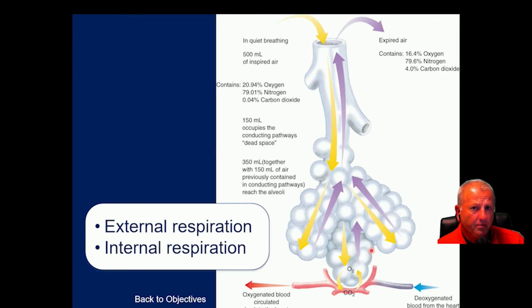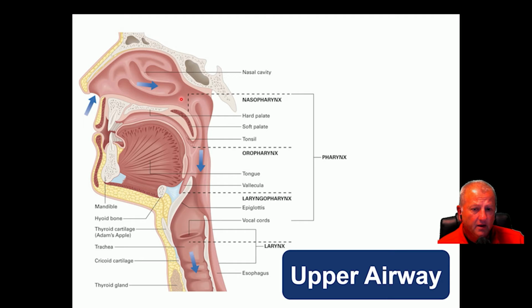All right, so let's review the anatomy and physiology that you learned last chapter about the upper airway. So here we have the nasal cavity. What's the function of this upper airway? Everything in anatomy and physiology has a function. So the function here is we're going to warm the air. We're going to filter the oxygen that we're breathing in. We're going to remove those tiny particles of dust and all that.